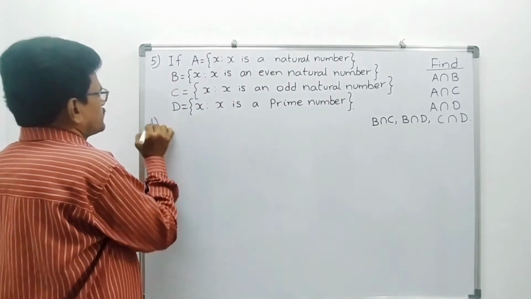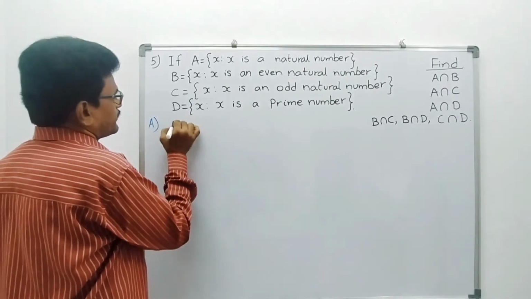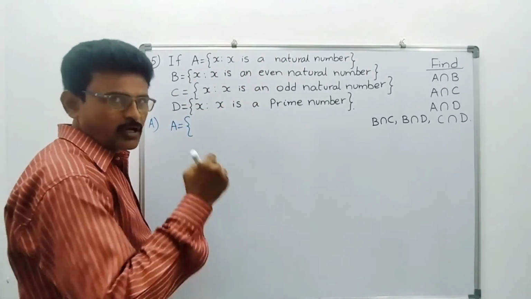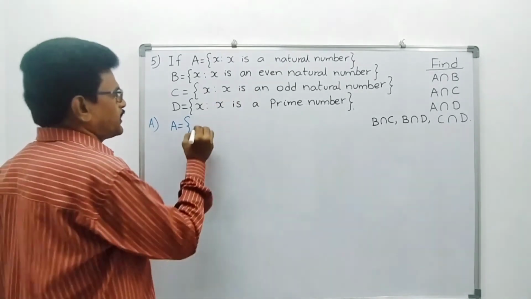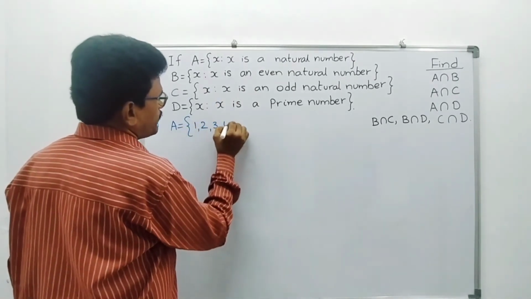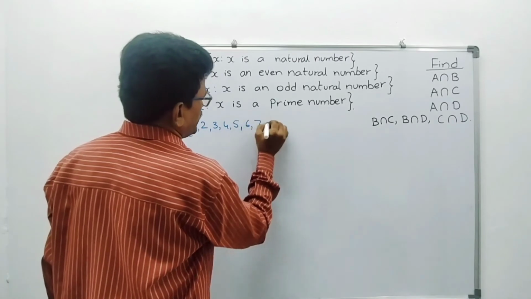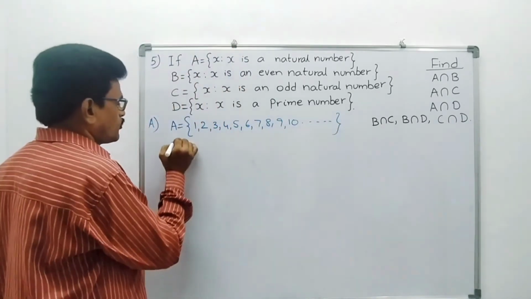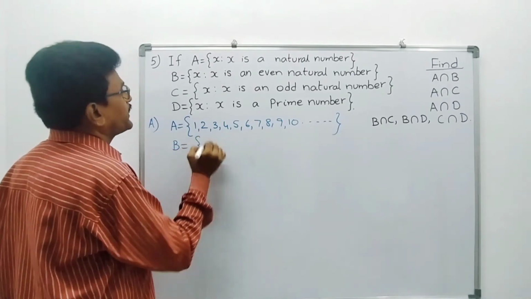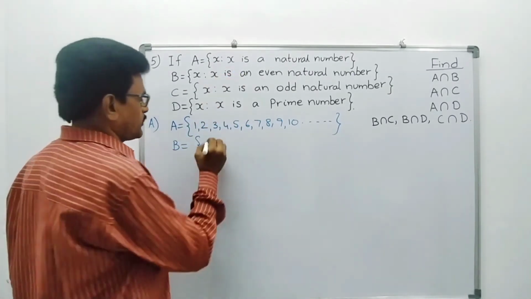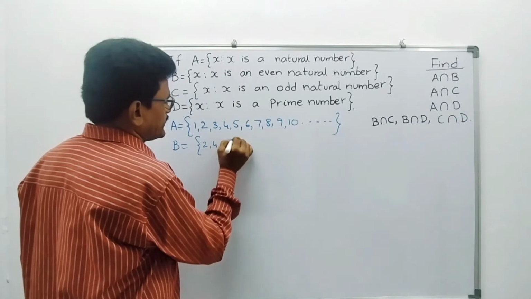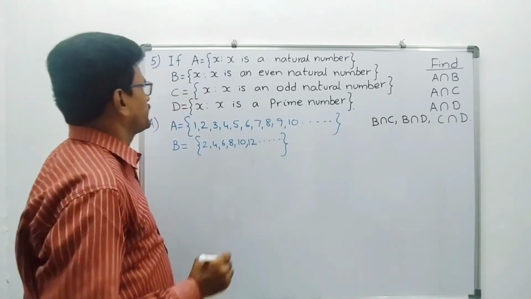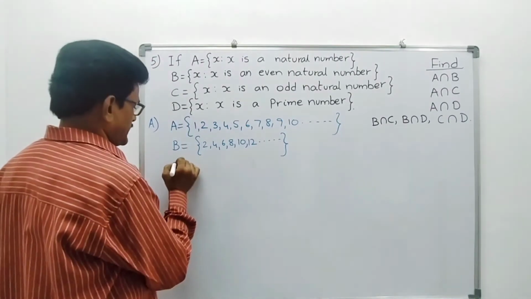Follow carefully. First one, A. What are the elements in set A? This is set builder form; I am writing in roster form. Natural numbers: 1, 2, 3, 4, 5, 6, 7, 8, 9, 10, and so on. That is set A. Now what is set B? Set B is x such that x is an even natural number: 2, 4, 6, 8, 10, 12, and so on. Now what is set C?